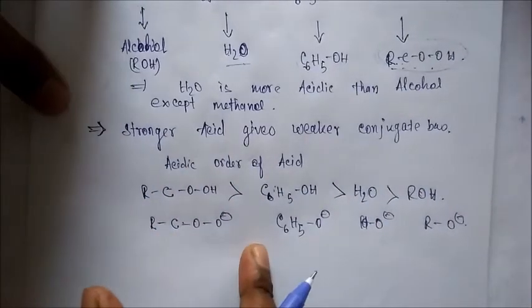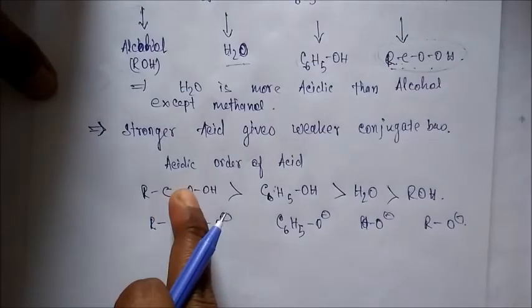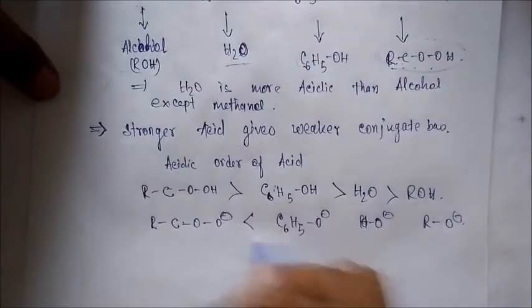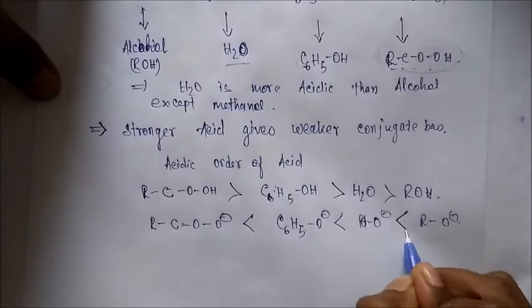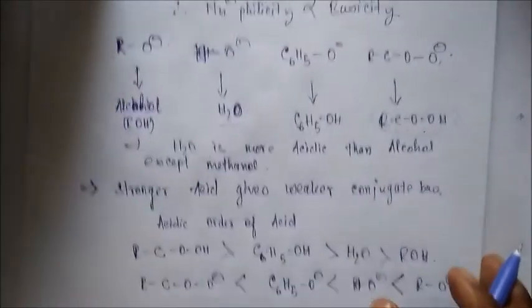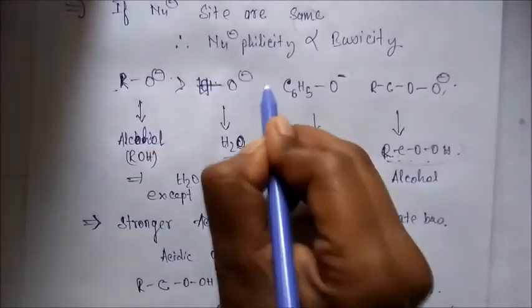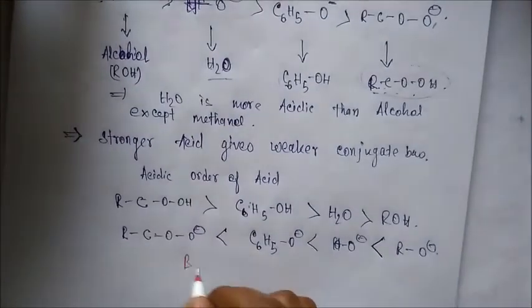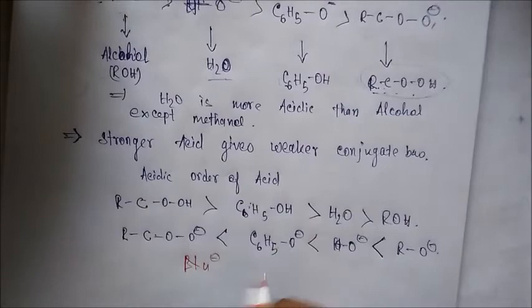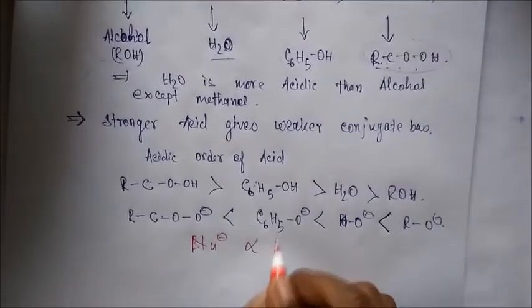The conjugate base of a more acidic acid will be the weaker base, so it will be in this order. Okay, so the basicity will be in this order. So as we have seen, nucleophilicity is directly proportional to basicity.